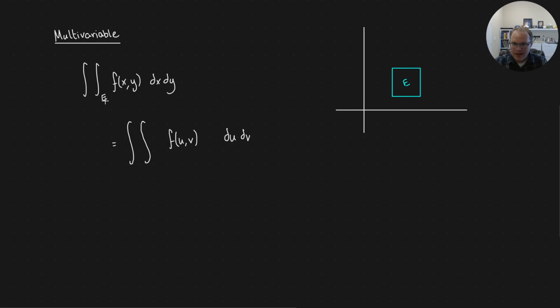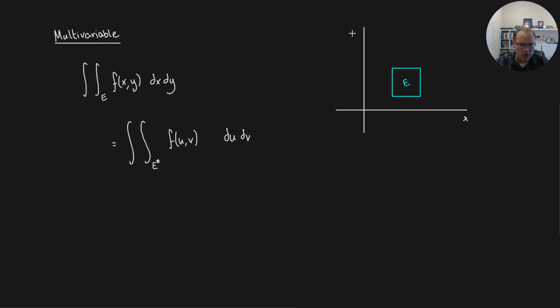Okay, that's going to change our old space E into some new space. I'll call it E prime. Maybe prime is not the best notation. In calculus, we tend to associate primes with derivatives. Maybe I'll call it E star. I just want to emphasize that it's taken from E, but it's not quite E. Okay, so this was in XY space right here.